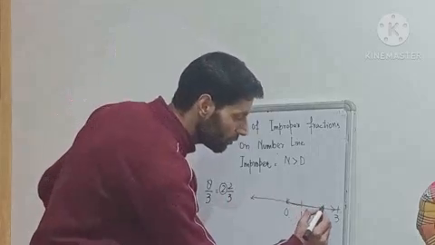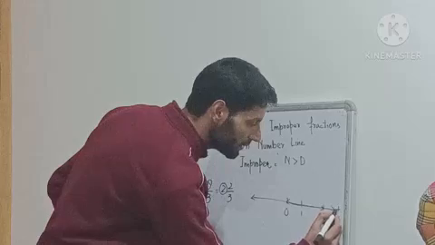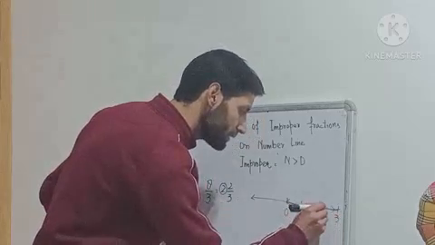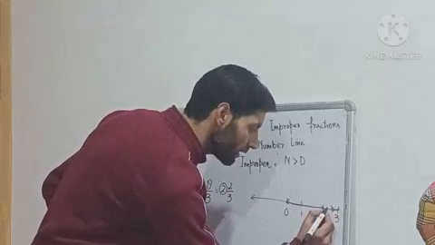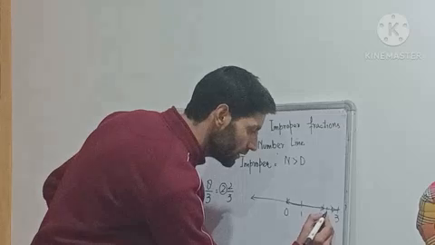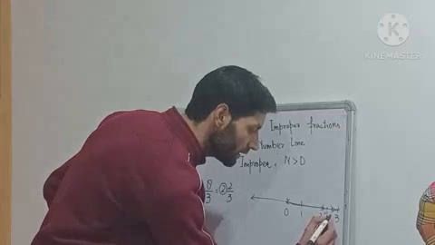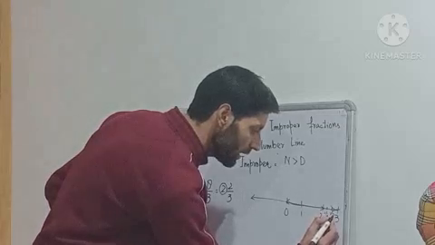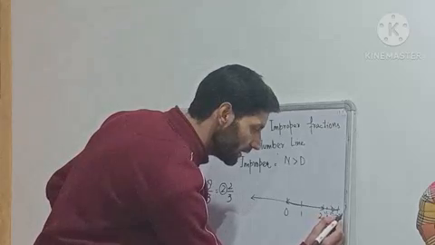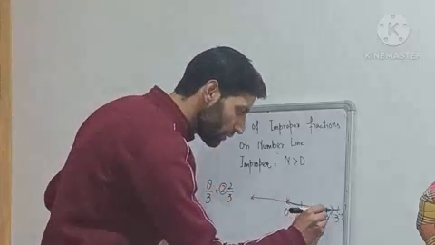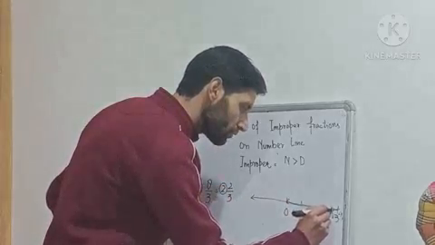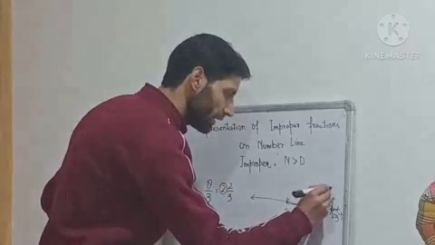So after 2 we will divide this part into 3 equal parts, 1, 2 and 3. So this point will denote 2 1/3, this will denote 2 2/3, and this will denote 2 3/3. So we have to represent 2 2/3. So this point represents 2 2/3, which is also equal to 8/3.